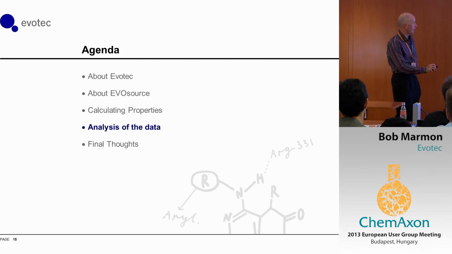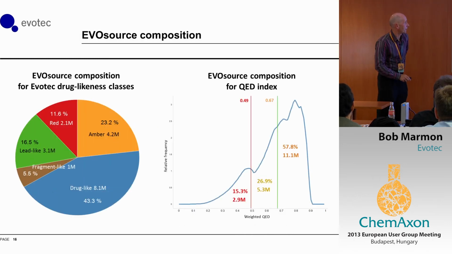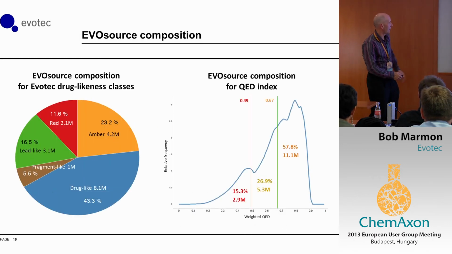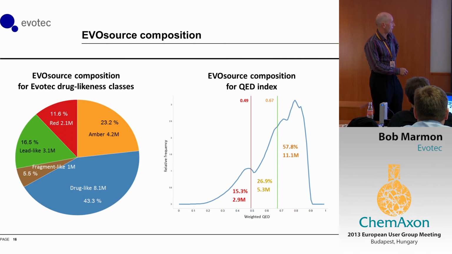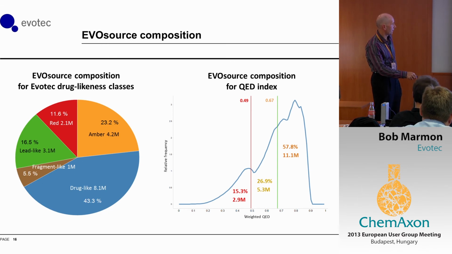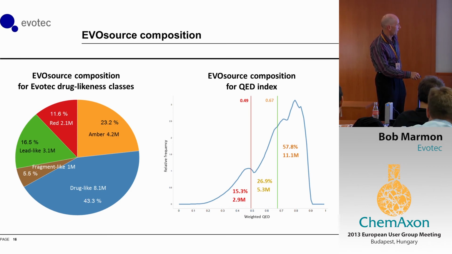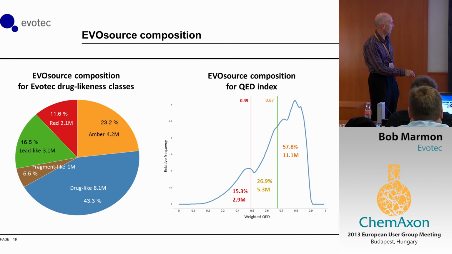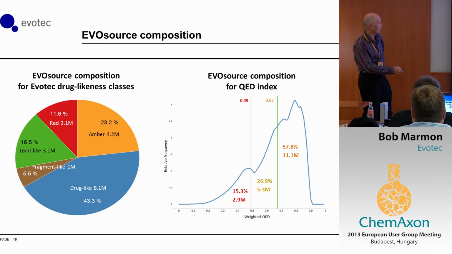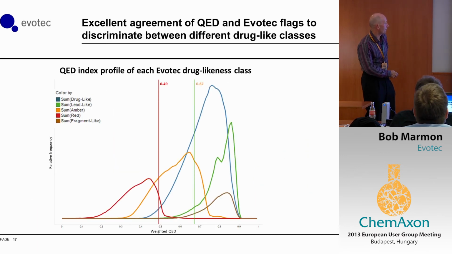Okay, so I'll just show you how the QED score and the Evotec categories compare. On the left here, we've got the numbers of compounds that fall into the different Evotec drug likeness categories. If you count up the numbers there, you've got roughly the number that falls under the good QED curve. Amber has roughly the same sort of numbers as the medium compounds, and roughly the same number in the low compounds, but here's a better plot.